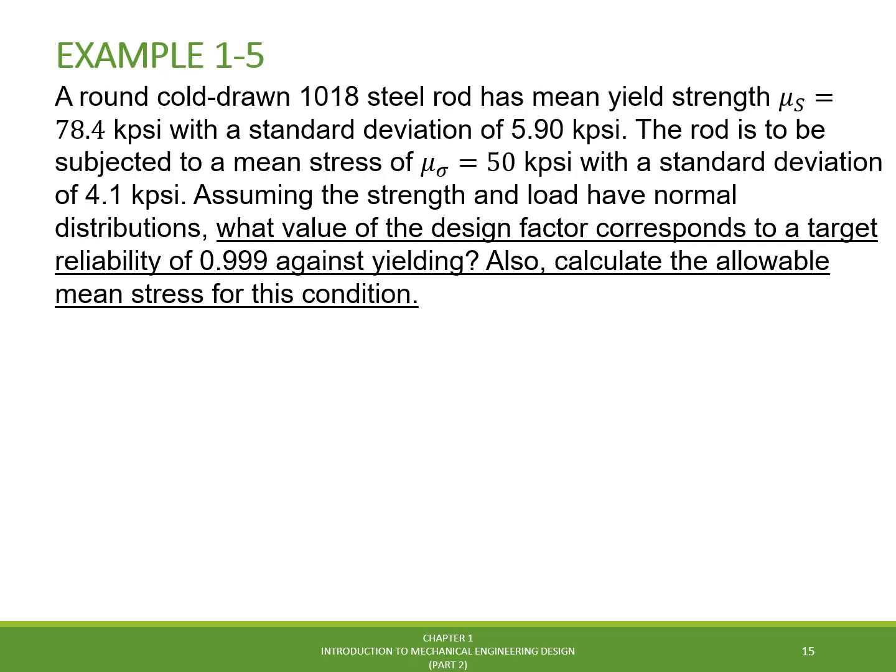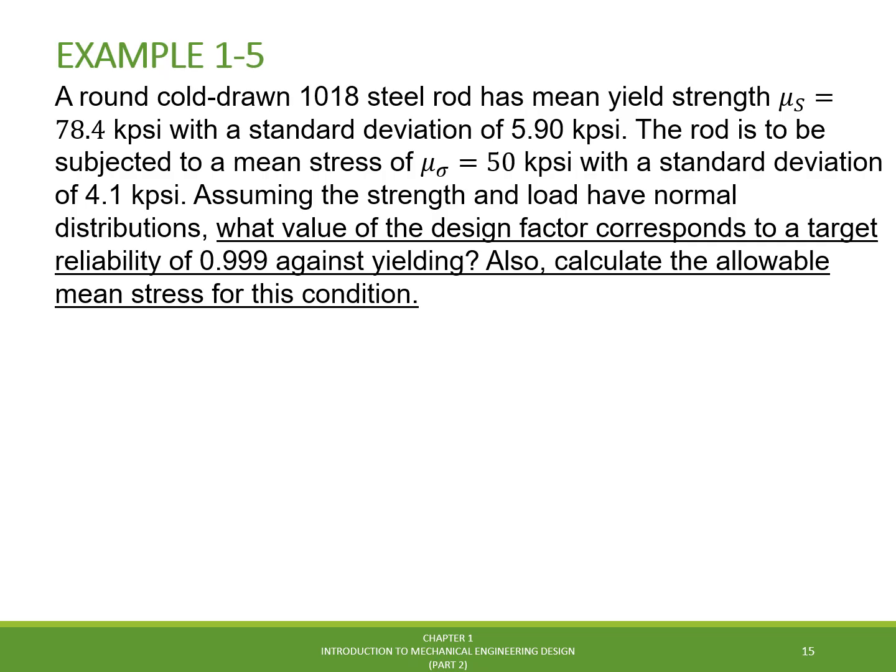Now let's see one example to demonstrate the application of those concepts. In this example, we have a round cold drawn 1018 steel rod that has a mean yield strength of 78.4 kpsi with a standard deviation of 5.90 kpsi.